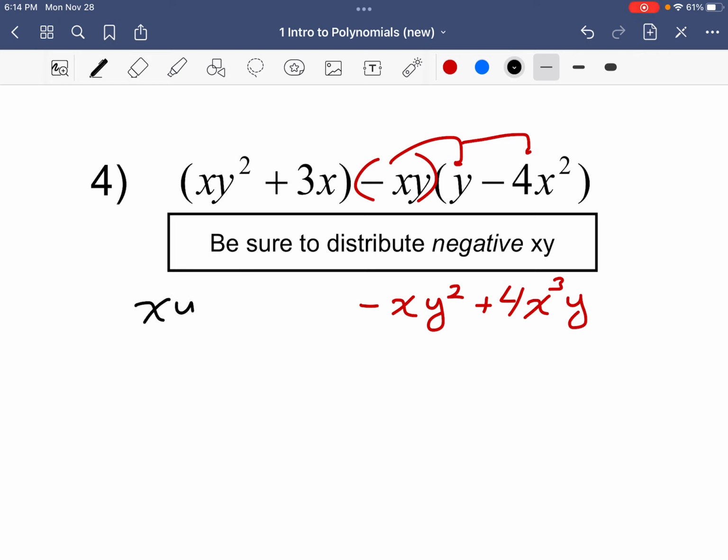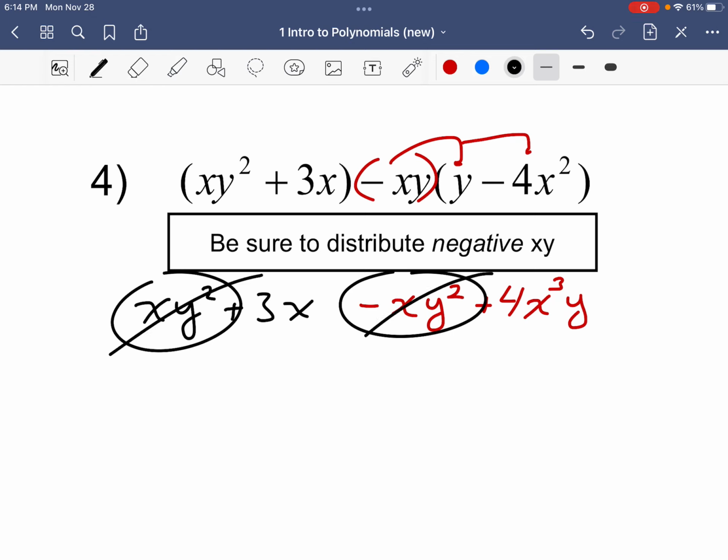Now this xy squared out front here, yes, it has parentheses around it, but the truth is there's no more multiplying anywhere in this problem. We can take away those parentheses because we want to be able to freely add the like terms together. Those like terms are going to cancel or add to be 0.